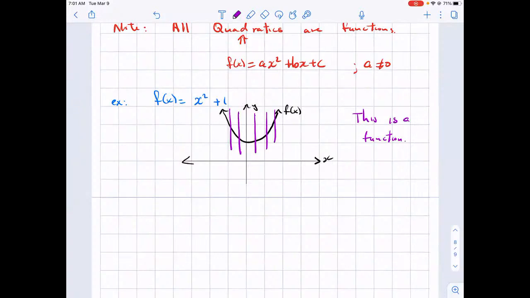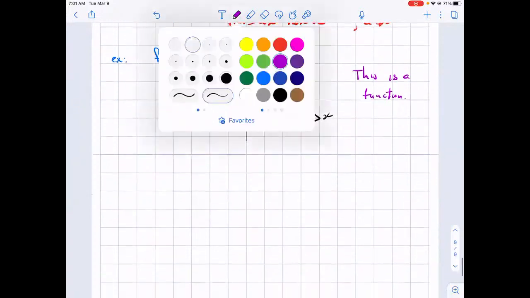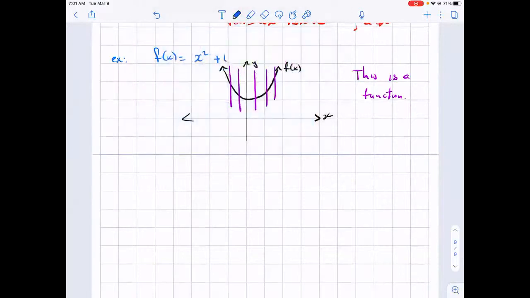So in addition to this, okay, if we move on, functions can be written in different ways, right? Or if you don't want to say write, we can say express.